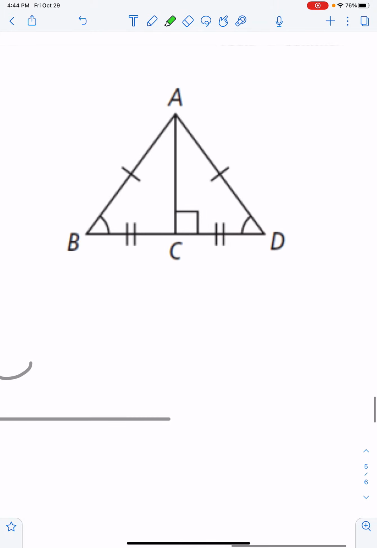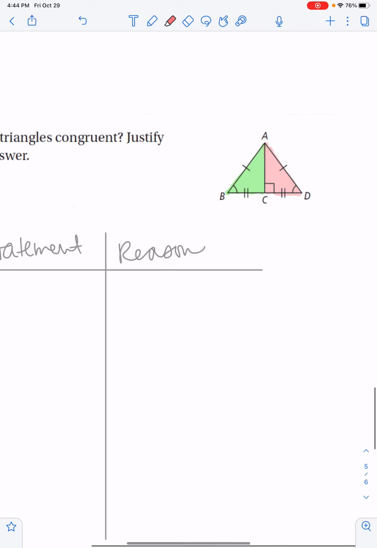So I'll label them. Let's make this one green. So ABC, and we'll make this one pinkish, reddish. Ooh, it looks like Christmas up in here. Okay, so a couple of things are given right off the bat.